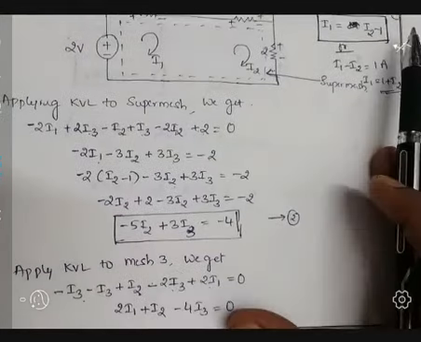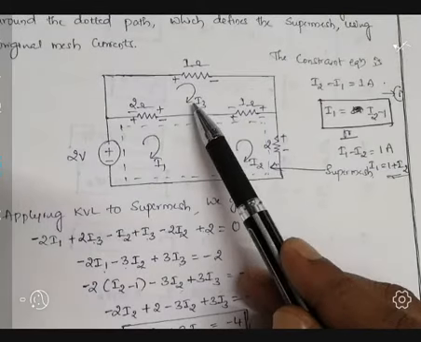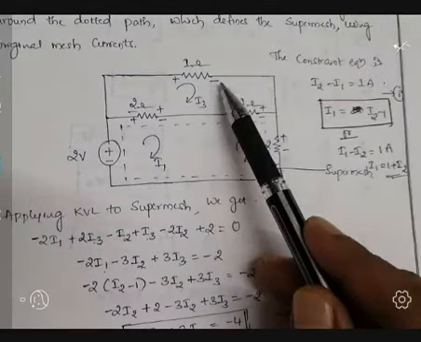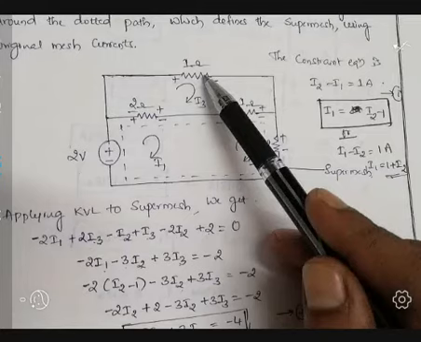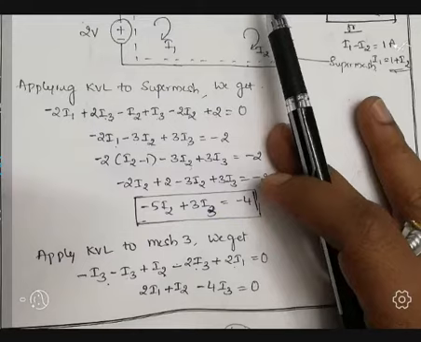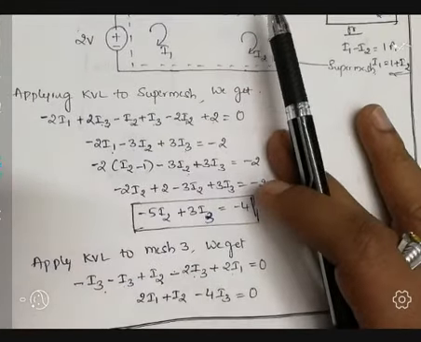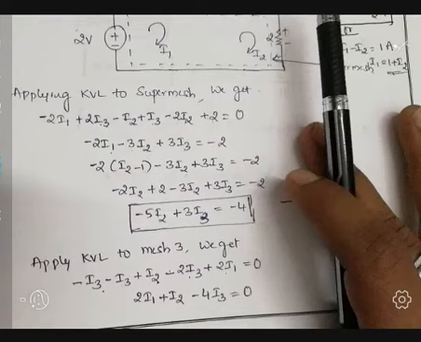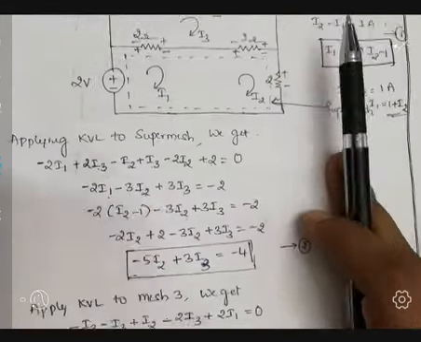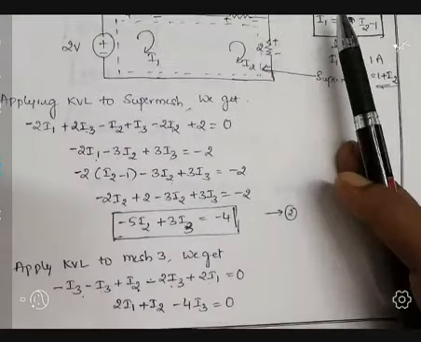Here the head of the arrow mark of current I3 is pointing to minus polarity, hence minus 1 I3. Next branch, here minus 1 I3.